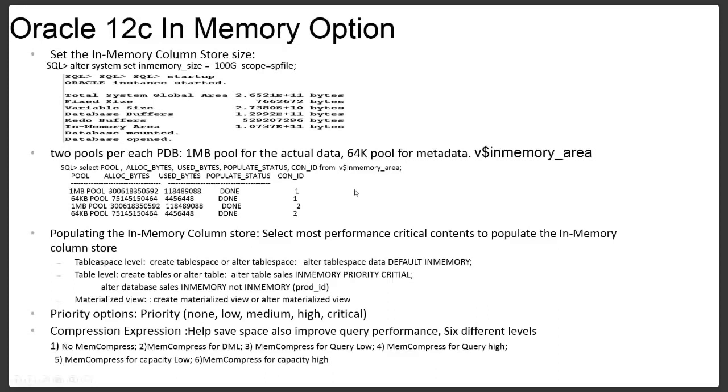The advisor tool will collect all performance information during that period to do some analysis. It has a built-in intelligent algorithm, and it figures out the best way to leverage the in-memory option.